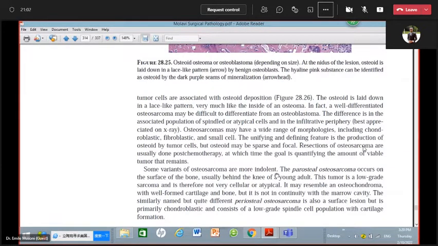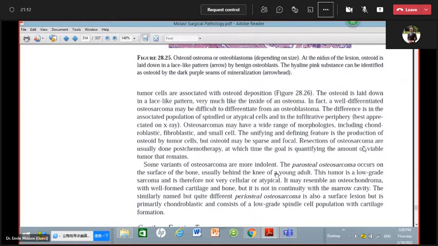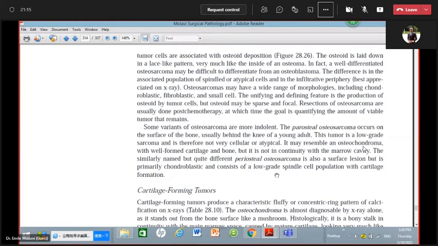Osteosarcoma is malignant and it has some variants, for example, periosteal osteosarcoma, and others. So whenever you see osteosarcoma, it is malignant.